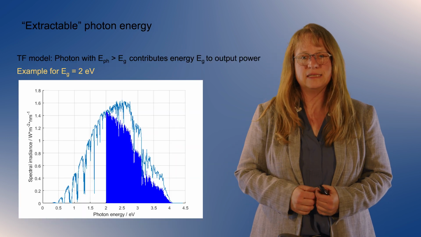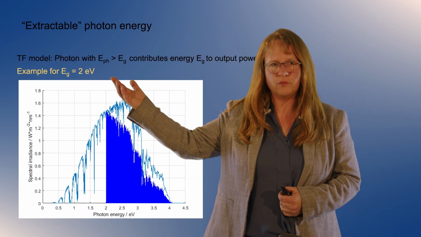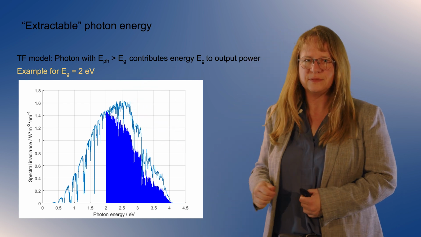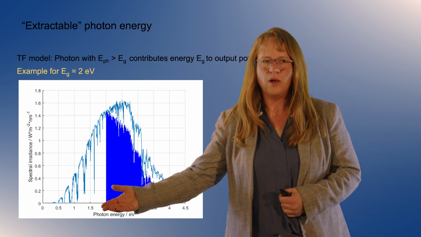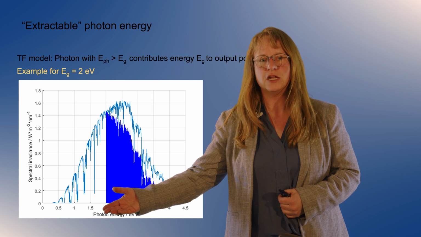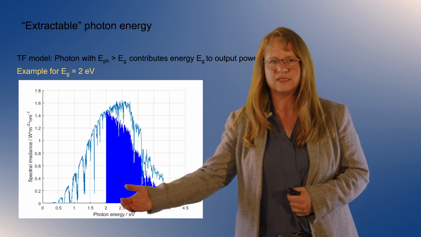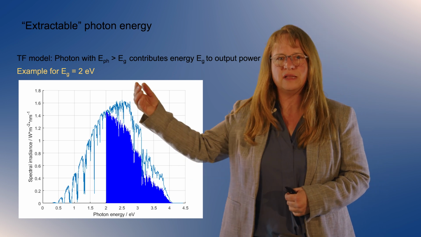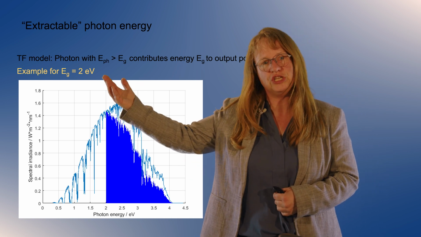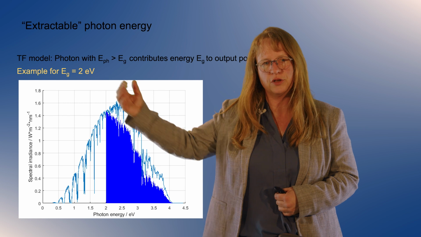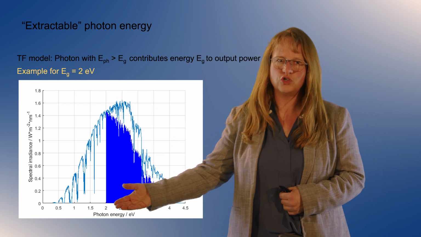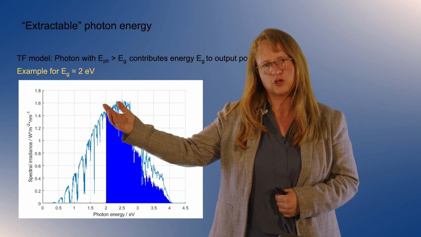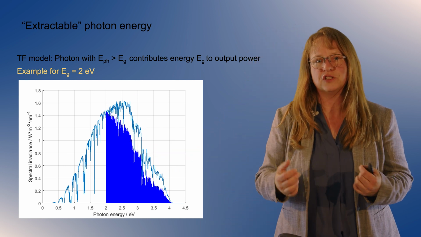Okay, so let's look at an example here. Let's consider we have a band gap energy of 2 electron volts. This means, as shown here, that all photons that have an energy of more than 2 electron volts are absorbed. And we also just saw that only the band gap energy, Eg, can be extracted for each photon. So if we have a photon of 2 electron volts, we can extract the full 2 electron volts out of this photon.